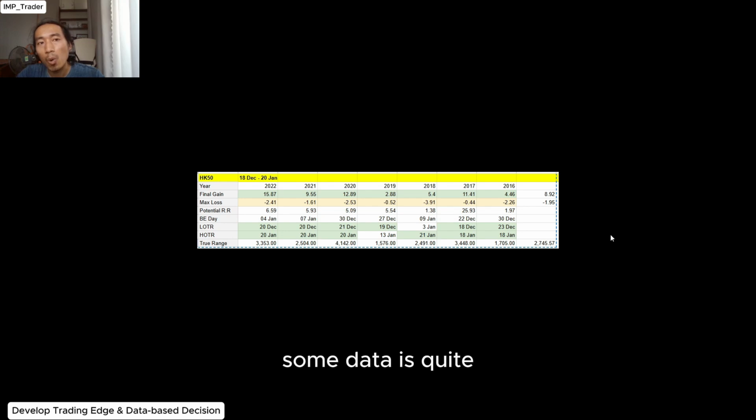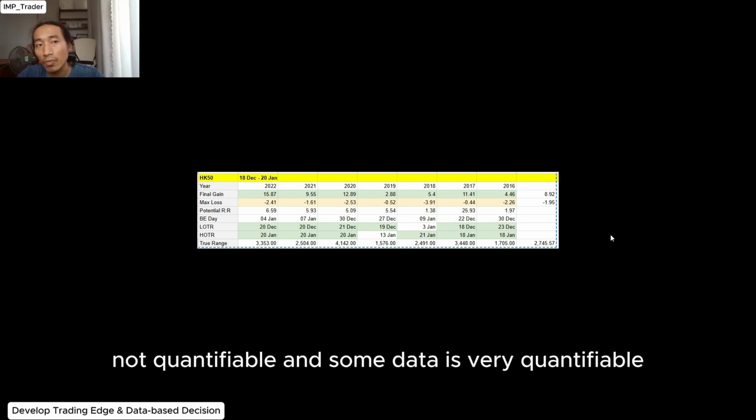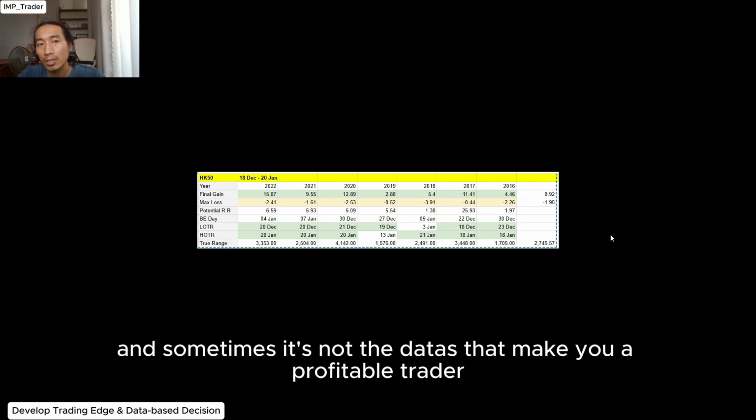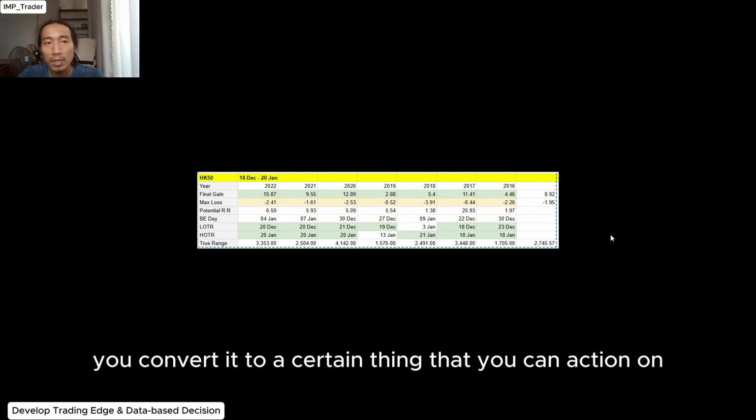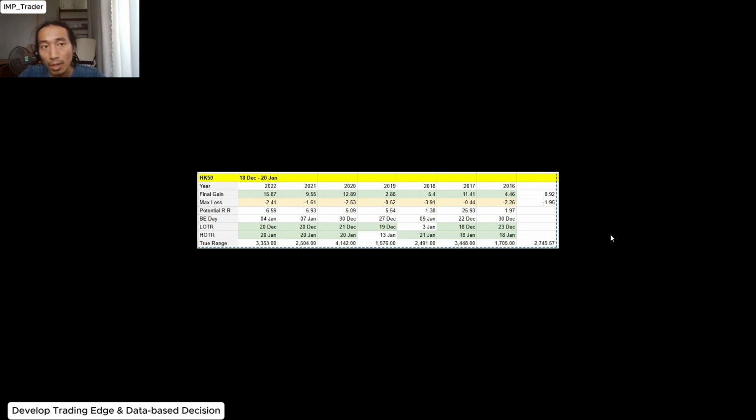Some data is not quantifiable, and some data is very quantifiable. And sometimes it's not the data that makes you a profitable trader, but you learn the data, and you convert it to something that you can act on.